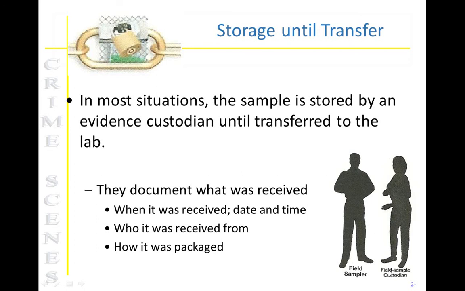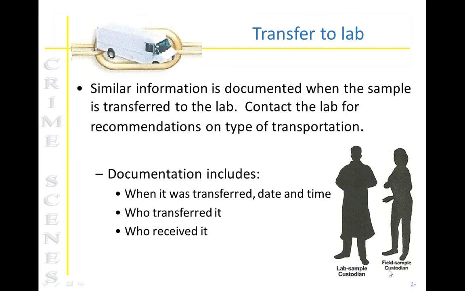So, for instance, the officer that did the actual collection at the crime scene might be handing it over to a custodian there at the police department. So the date and time that that exchange occurs is going to be documented, who actually received it, and then once again the packaging so that they can identify that package.